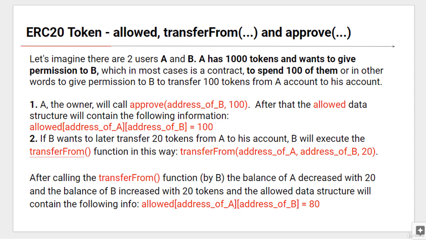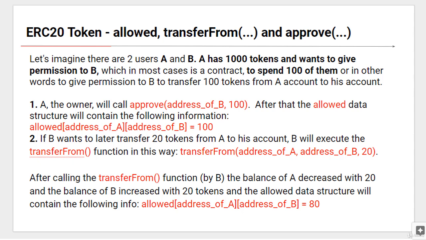If B wants to later transfer 20 tokens from A to his account, B will execute the transferFrom function this way: transferFrom, the first argument is the address of A, the second argument is the address of B, and the third, the last argument, is 20, the value that will be transferred.